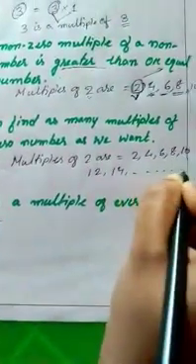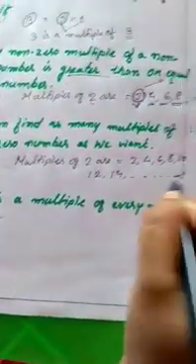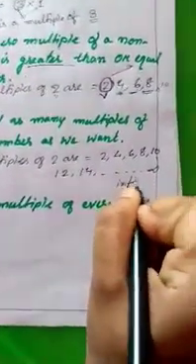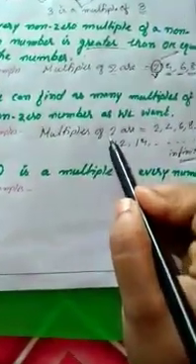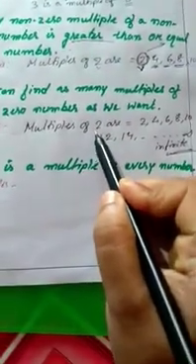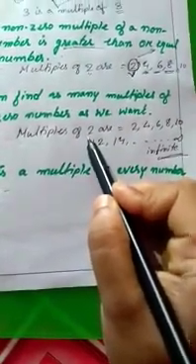In the same way we can find so many, infinite numbers. Infinite means we can find an infinite number of multiples. As many as we want, we can get of 2, and in the same way for any number. That's why it says there are infinite multiples of a given number.